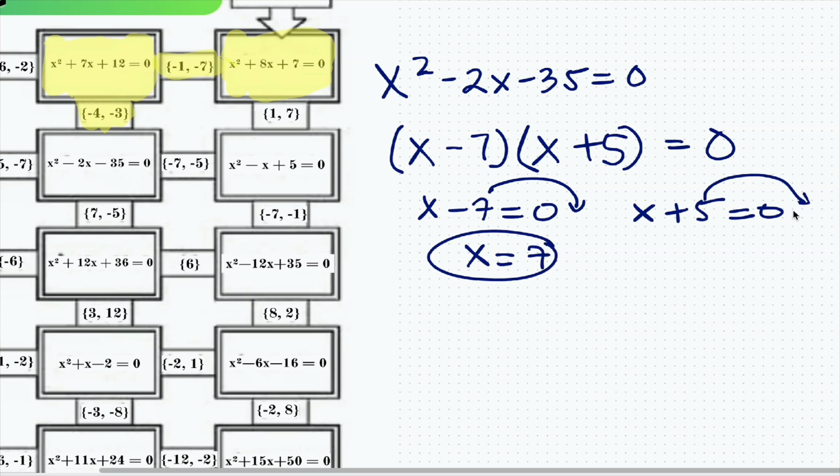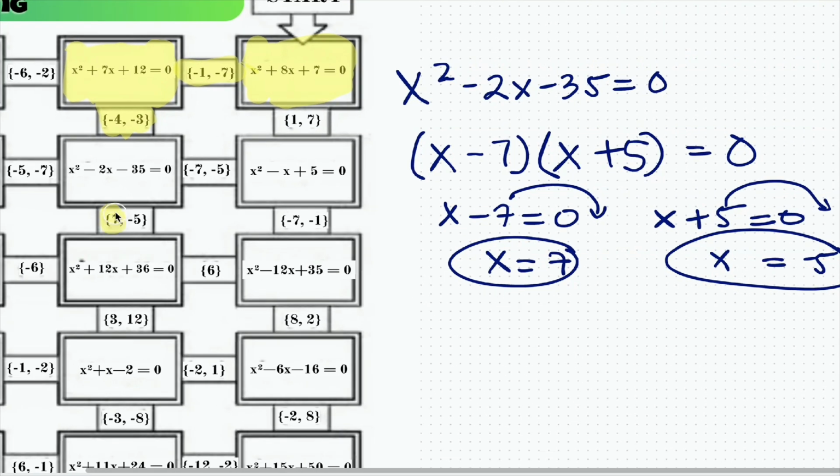And then also we transpose, x equals negative 5. So in this question, the answer is 7 and negative 5.